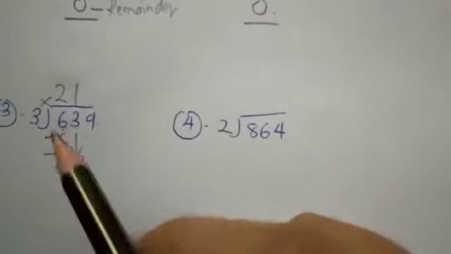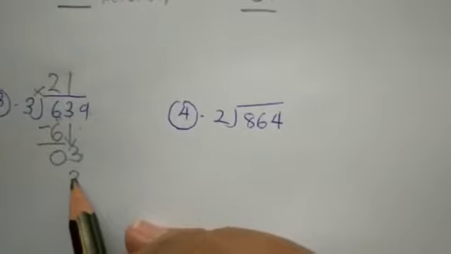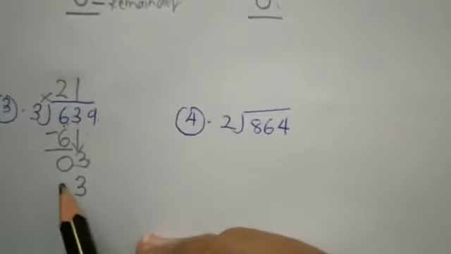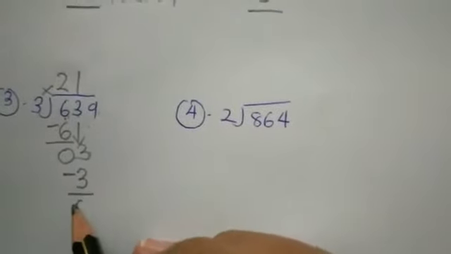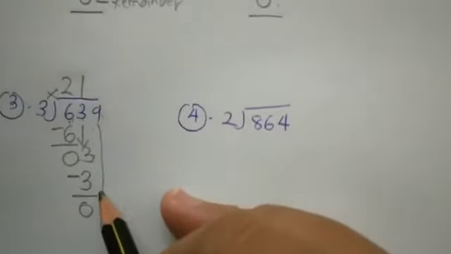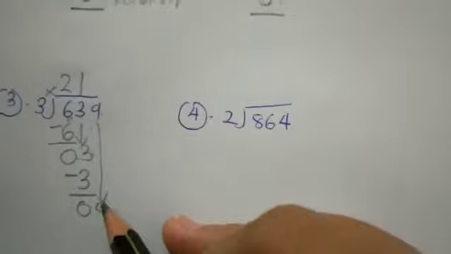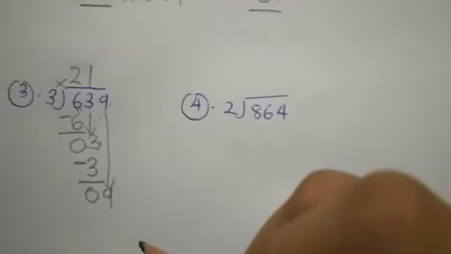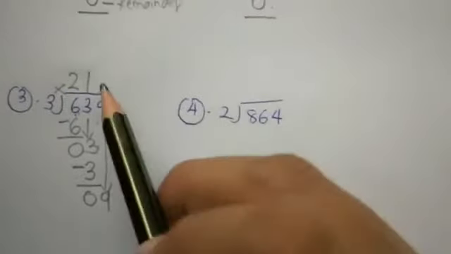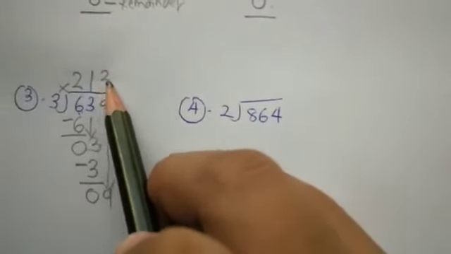So 1 multiplied by 3, the answer is 3. Then you subtract again. 3 minus 3, the answer is 0. Then you bring down this 9. 9 divided by 3, the answer is 3. Good. So you put 3 on top here.